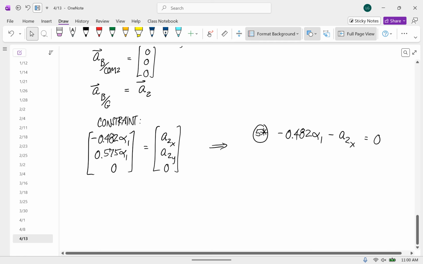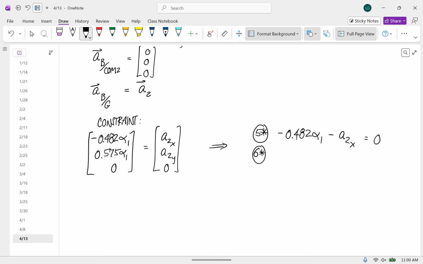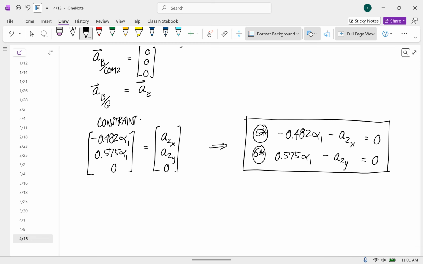And then 6 star. Usually we have an alpha 2 also, but we don't here because the watermelon equation went to 0. And so the second one says 0.575 alpha 1 minus A2y is equal to 0. Okay, so there's our equations 5 and 6.